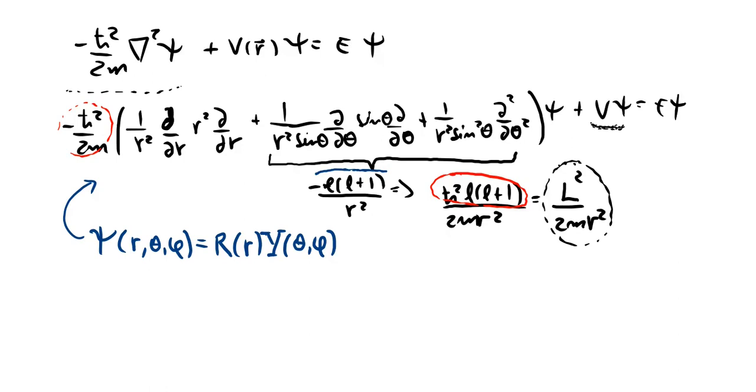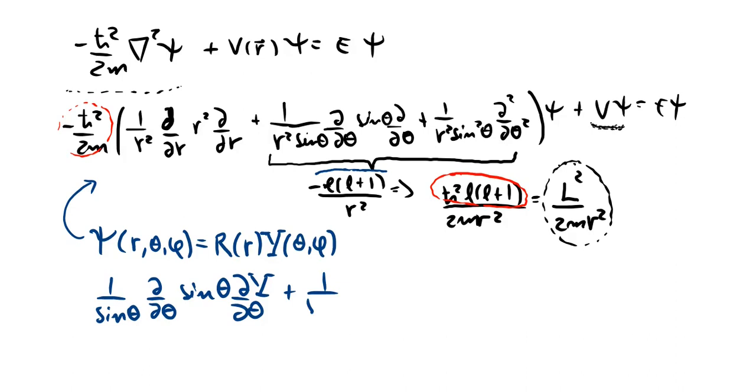But in the end, in the separation of variables, you will have something like this: sine of theta, d theta. This is the operation over y, and then you have another term that is like this.